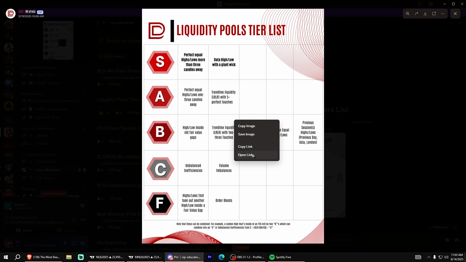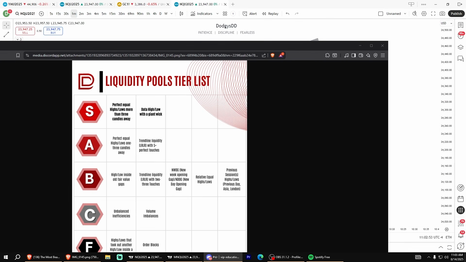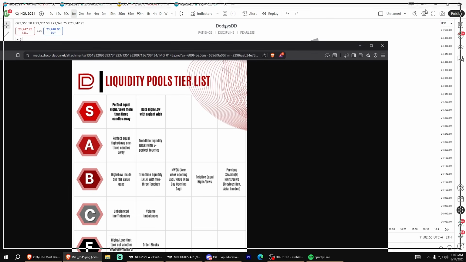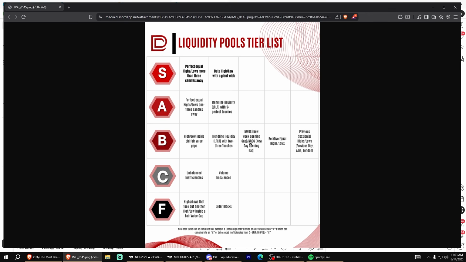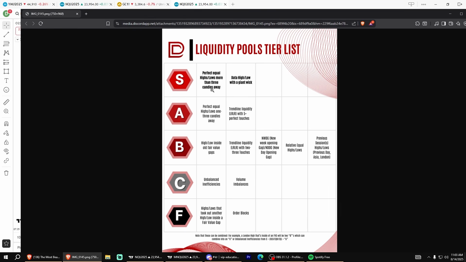On this list alone, there's 1, 2, 3, 4, 5, 6, 7, 8, 9, 10, 11, 12, 13 things that could be considered liquidity. We're going to start by going over what each one is and then bring it all together at the end.